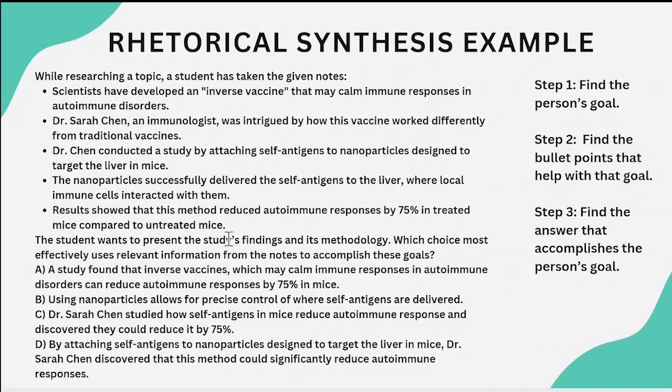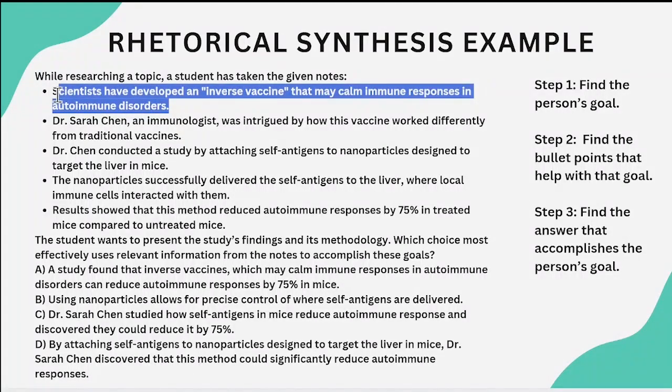So keeping in mind the study's findings and its methodology. First bullet point. Scientists have developed an inverse vaccine that may calm immune responses in autoimmune disorders. So this is not actually talking about the study at the end of the day. This is essentially just giving some basic information.